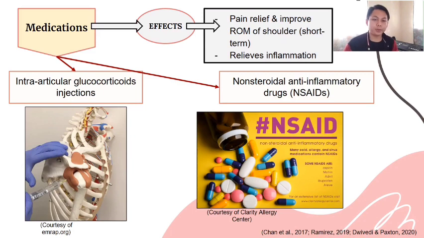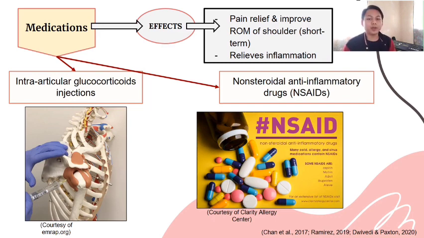So for doctors' management in terms of conservative methods, one of the methods is using medications. When using medication to treat patients with adhesive capsulitis, this can promote pain relief and also improve the range of motion of the shoulder. However, this effect is only effective for short-term goals and not for long-term goals.